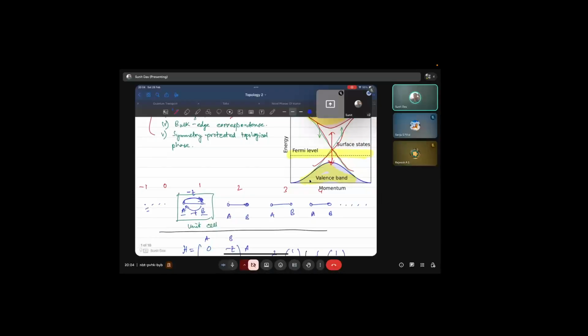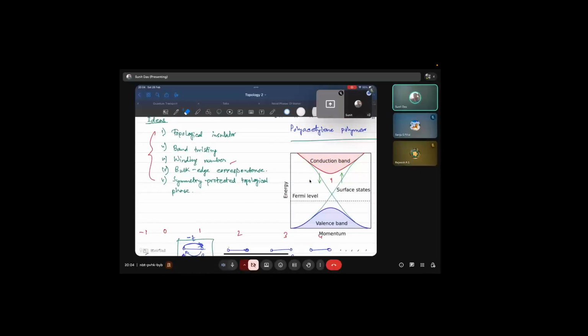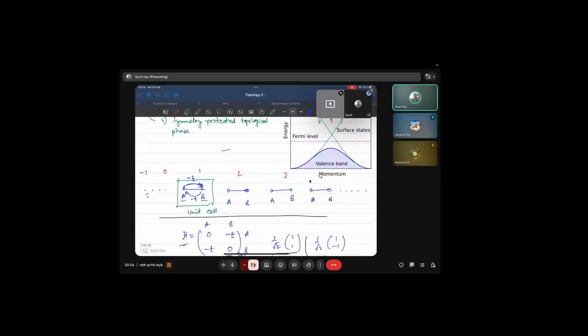Essentially, for any system you consider, we can take periodicity and so on, but in reality they have a physical edge. No system is infinite in a true sense. So there can be edge states which live exactly at the physical boundary of the sample.